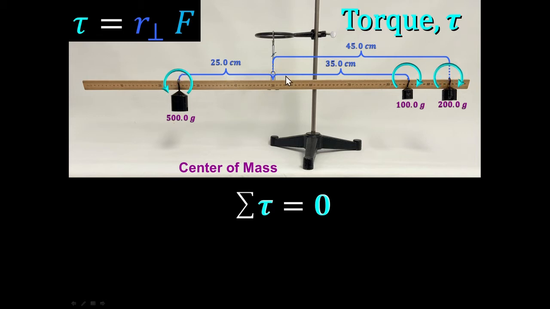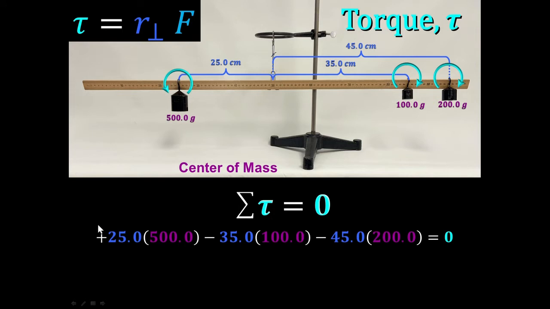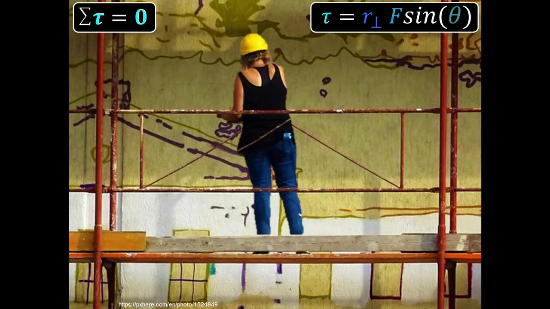So this force times that distance would be a positive torque. This force times that distance would be a negative torque. This force times that distance would also be a negative torque. So that times that is this, that is this is this, and if we look at that, it really does add to 0.